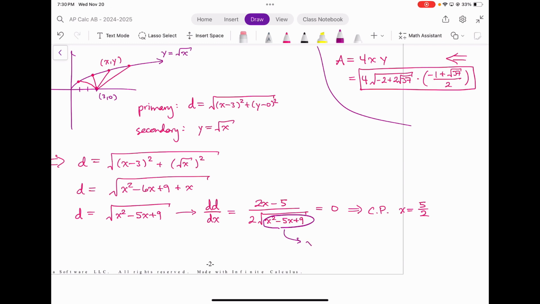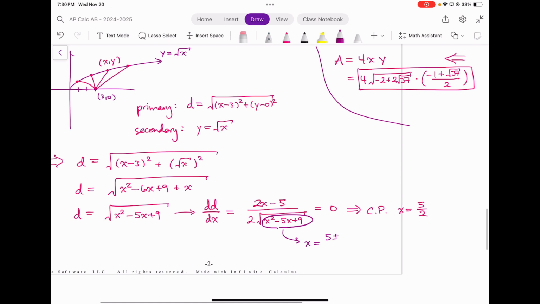Right, so quadratic formula time. Negative b plus or minus radical b squared, so it's 25, minus 4 times 1 times 9. Oh, yeah. So look at that discriminant. Right, that's going to be a negative number. Square root of a negative is imaginary. So this is my one and only critical point.